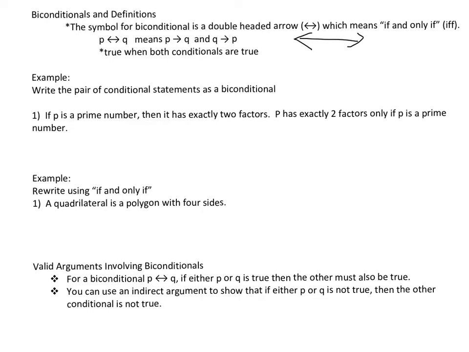Here's an example where we need to write the pair of conditional statements as a biconditional. So it's like one statement with two conditions. So if P is a prime number, then it has exactly two factors. And if P has exactly two factors, then P is a prime number.